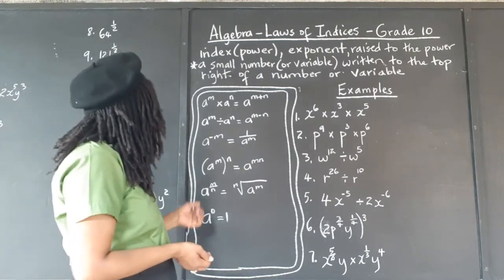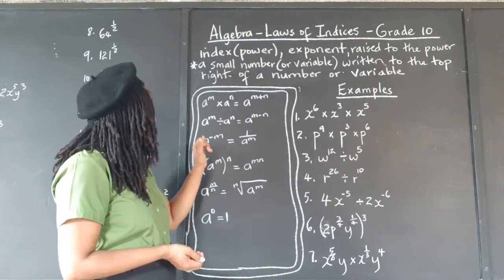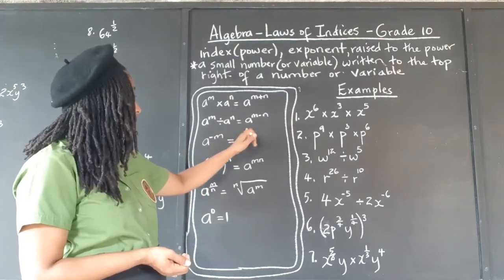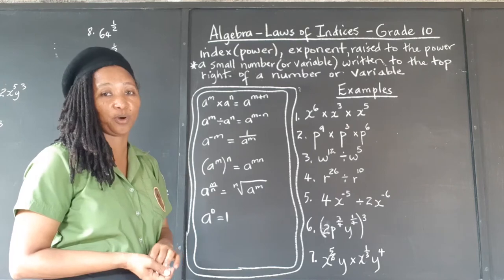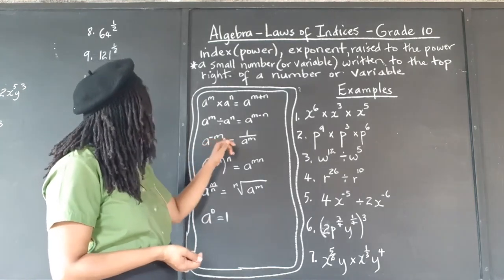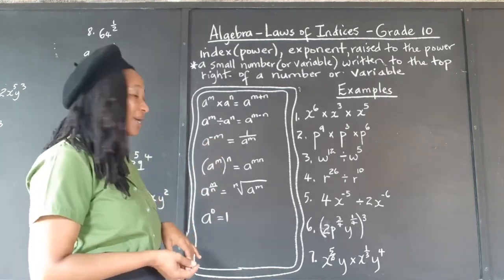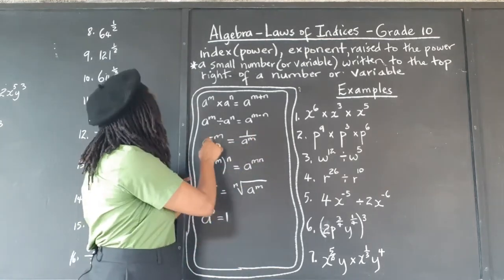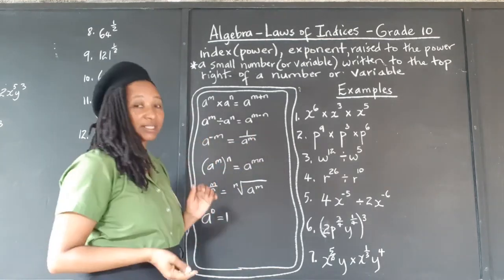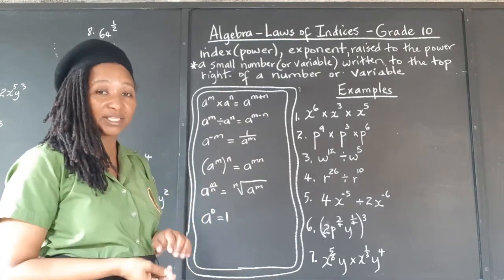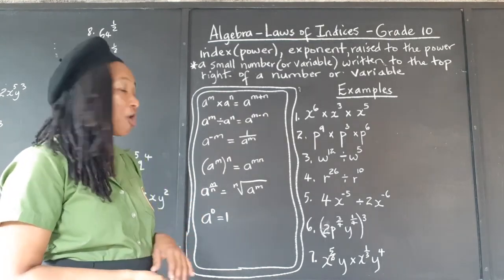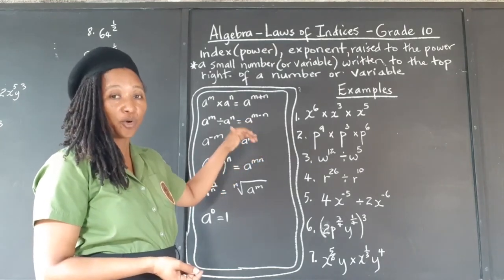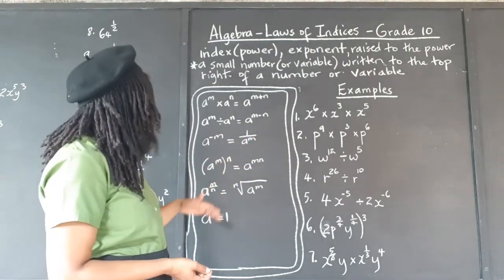Third law, a number raised to a negative power is the same as saying 1 over that number raised to the power. So a to the negative m is the same as saying 1 over a to the m. So just look out for the negative index. If a number is raised to a negative index, write back that number raised to that power, but it's 1 over it. It's the inverse of it.